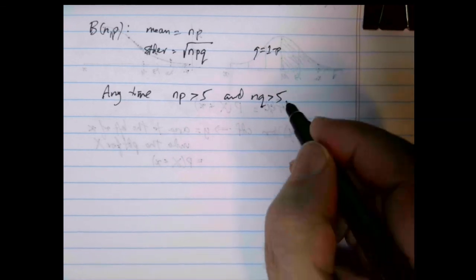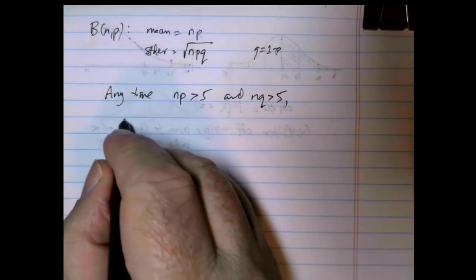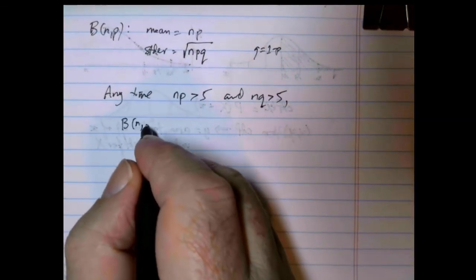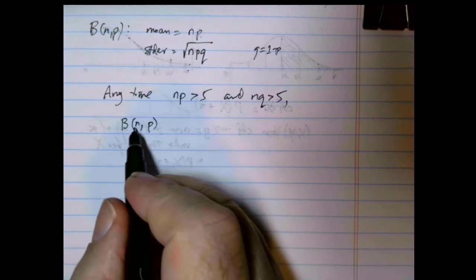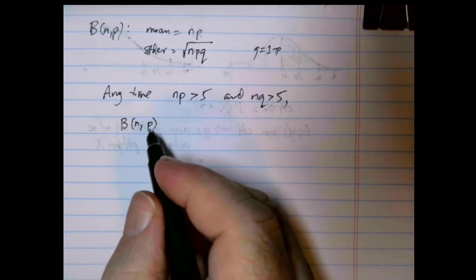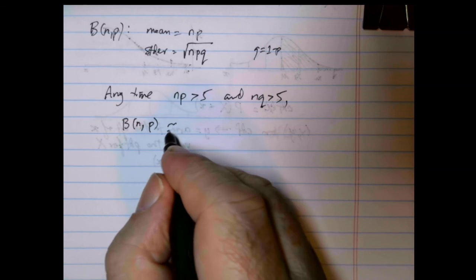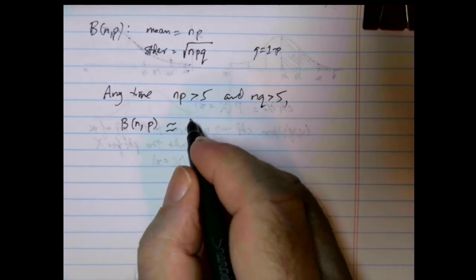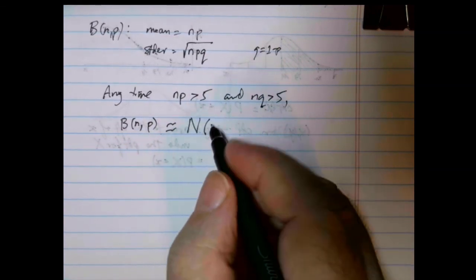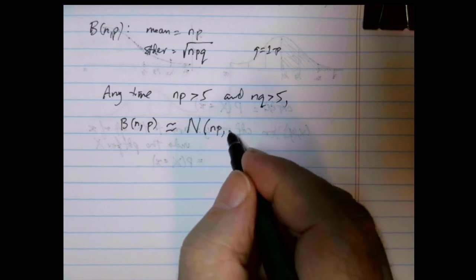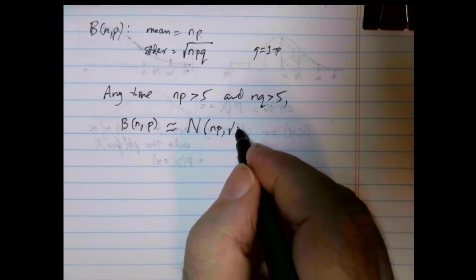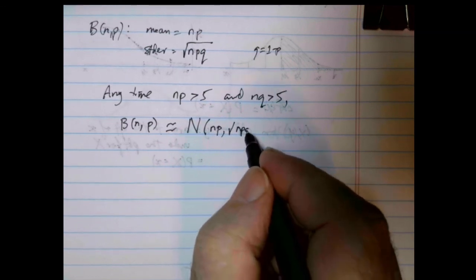Anytime this is the case, this binomial distribution for n trials and probability of success p on any one trial is going to be approximately the same as the normal distribution with mean np and standard deviation the square root of npq.